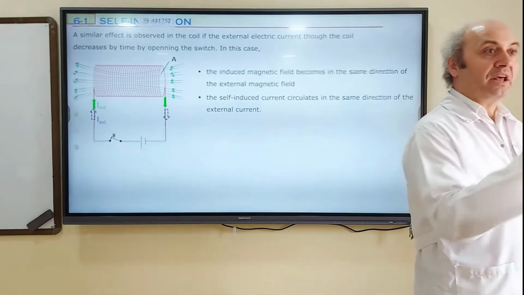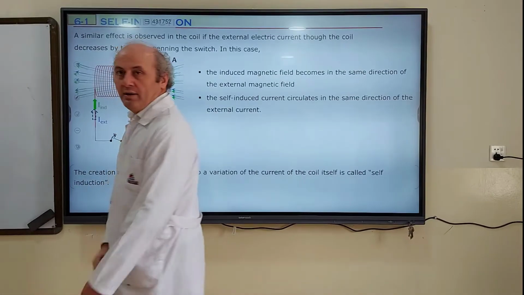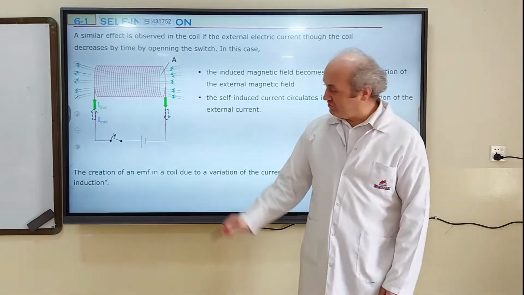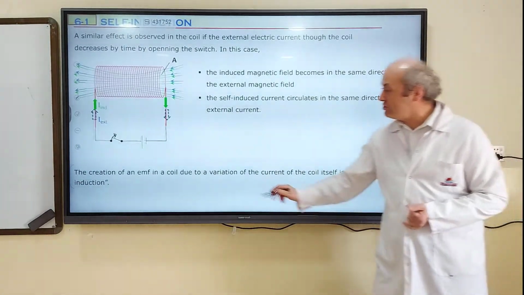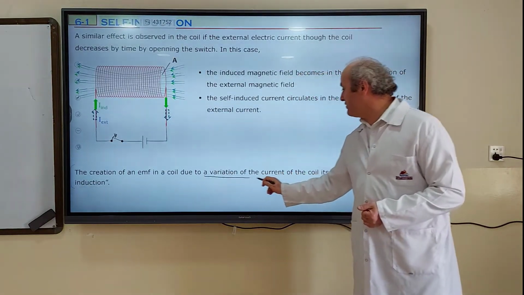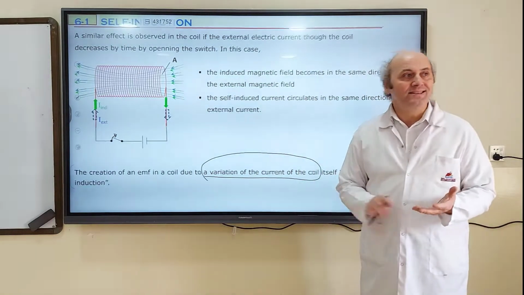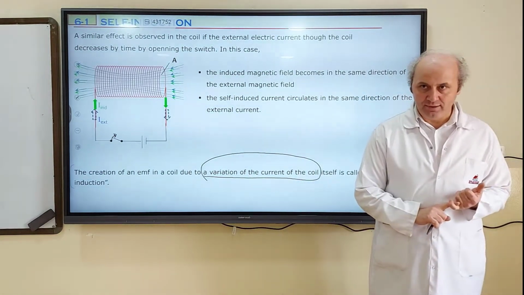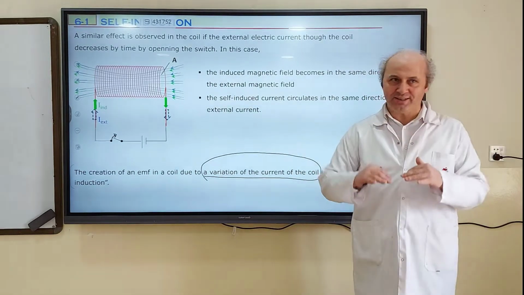So, the definition of self-induction. Every definition can be an exam question. This definition: the creation of an EMF in a coil due to variation of the current of the coil. So, this self-induction is because of what? Change in current. Variation means change. We are changing the current in the circuit.